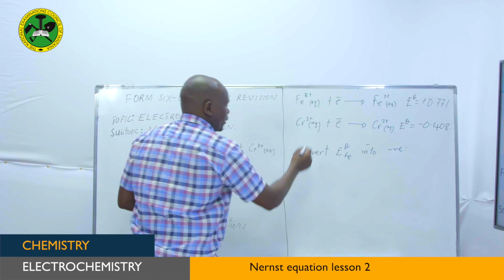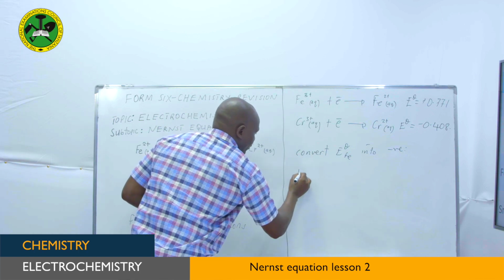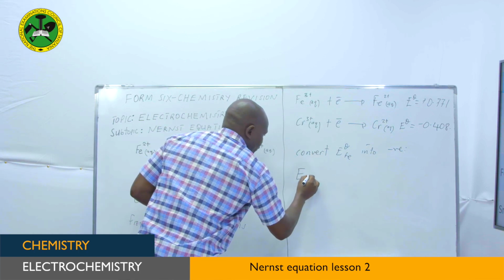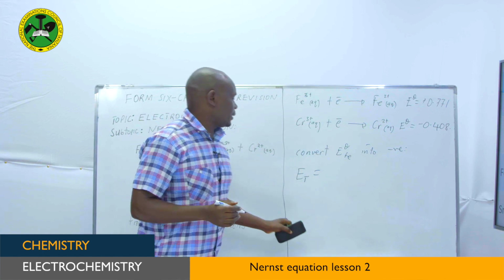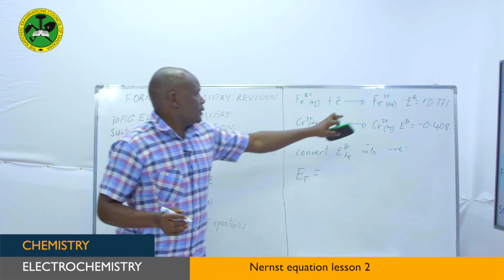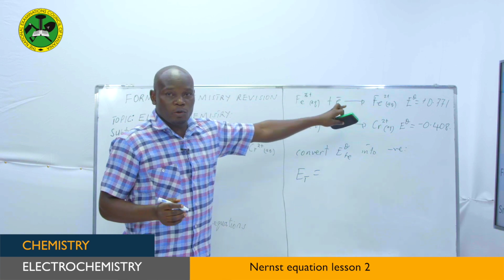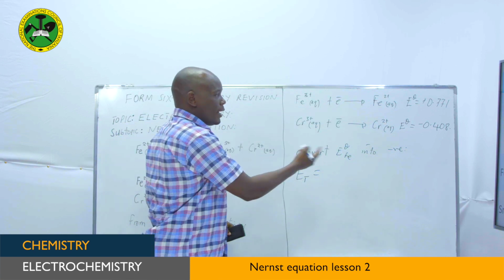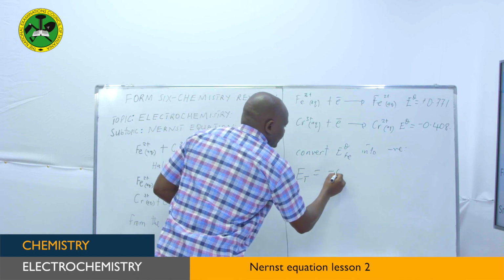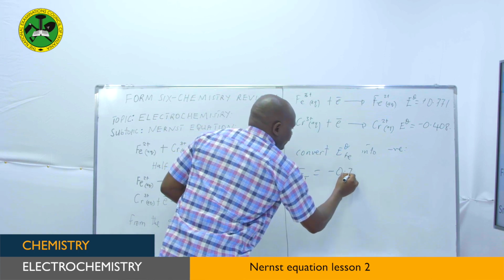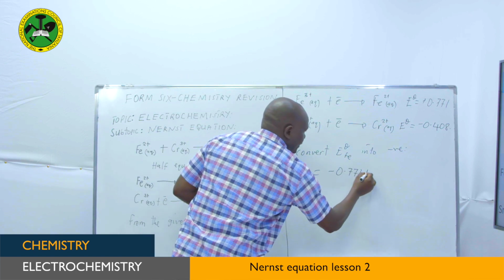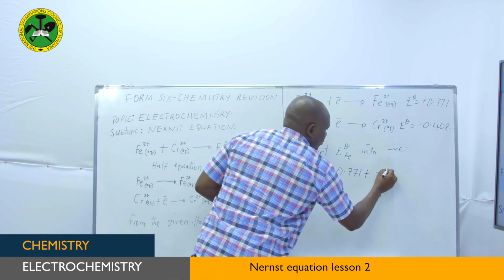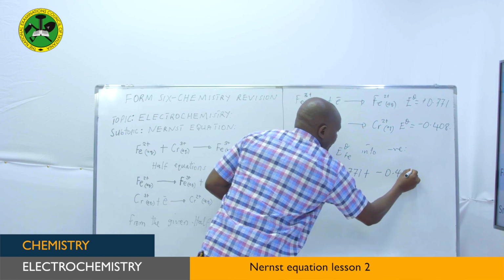So after conversion, you have to find out the E total. And the E total here will be the summation of the standard electrode potentials of the two half cells. So for iron it will be negative 0.771, then the summation, plus negative 0.408.